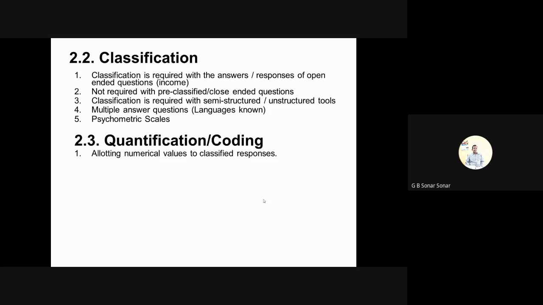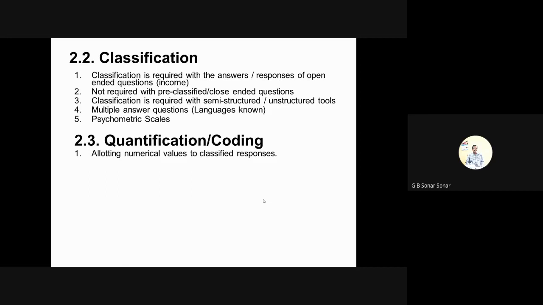Those classified answers should be given in numerical values, because the computer understands only codes. So quantification is a very important step in data processing, because with the help of quantification only, we can convert the qualitative answers into quantitative form.